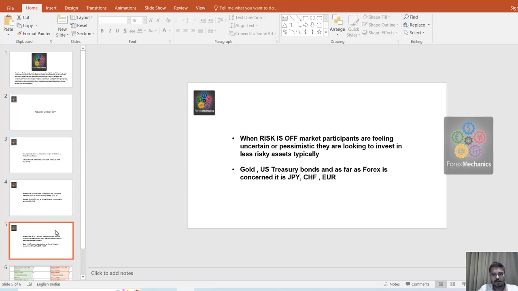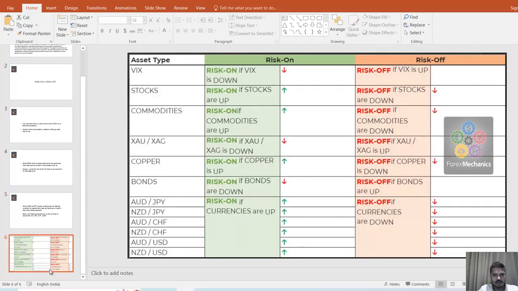Currently in 2022, at least in the first 6 months, there is more of a risk off situation. You would have generally seen that the AUD is falling, the NZD is falling, and on the contrary, the dollar is rising in value. Like I mentioned, in the next slide, we will talk a little bit about it.